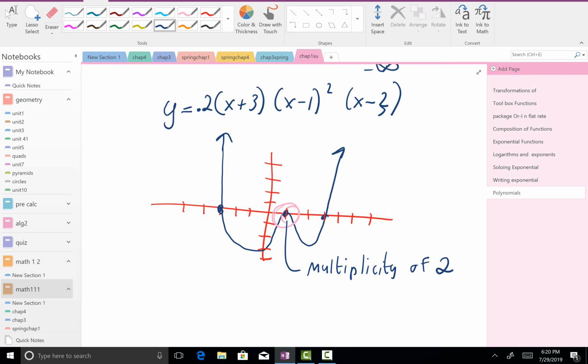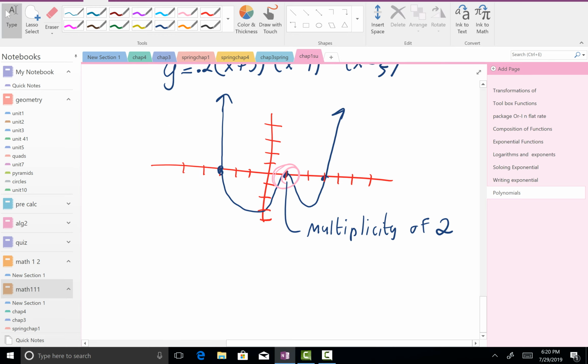Now, change that 2 to a 3. How does that change it? Does it go through it, or does it bounce off there? It goes through it.